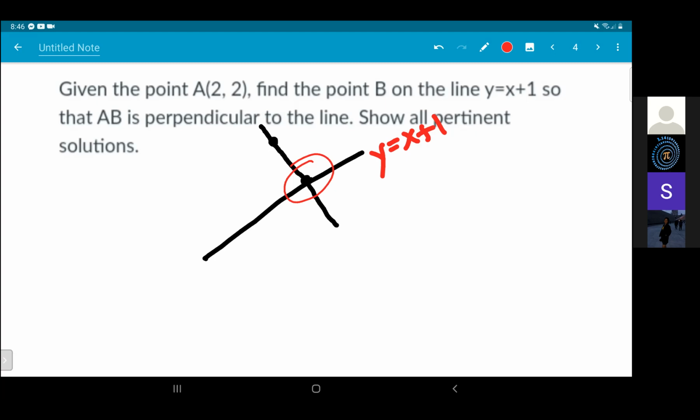But we don't have the equation of the other line. So that's our first task, to find its equation, which is perpendicular to the given line. So we can get its slope. And we also know a point on the line, which is (2, 2), given here.